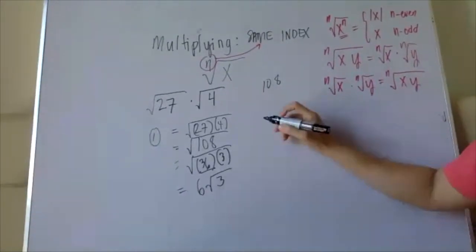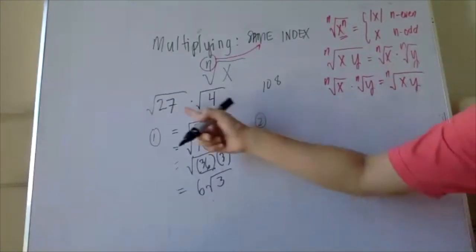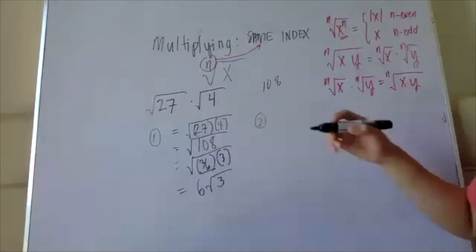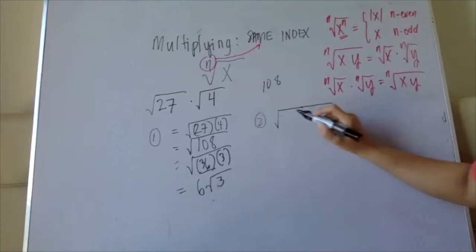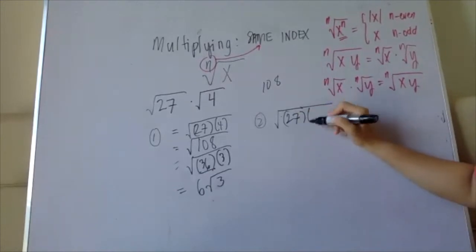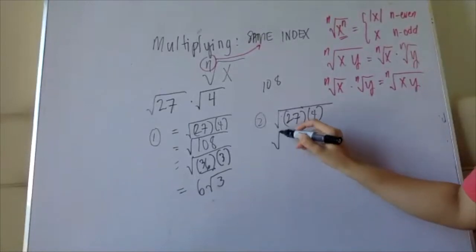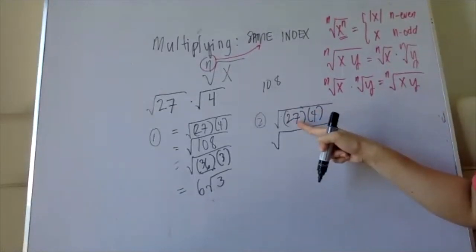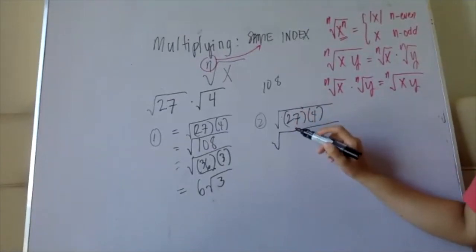The next method is to factor out. You treat it as 27 times 4, but instead of multiplying them right away, you factor it into a perfect square factor times something. What is the perfect square factor? That would be 9.